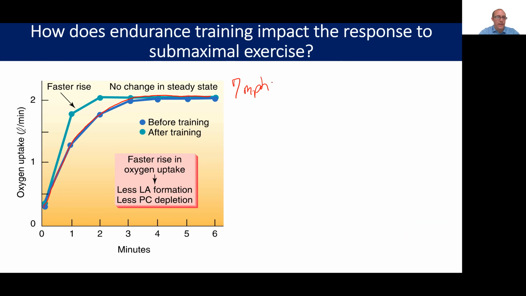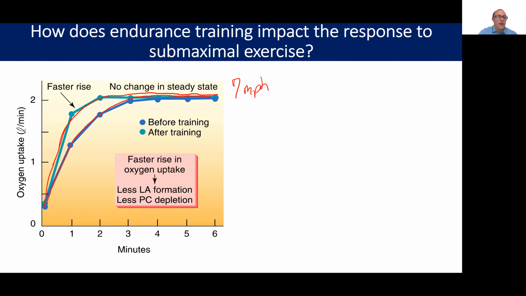Before endurance training, it'll take them a while to get up to steady state, but they eventually do. After endurance training, you get a faster rise and then maintain the same, if not a little lower, VO2. So one of the major adaptations with endurance training is that you get a faster rise.